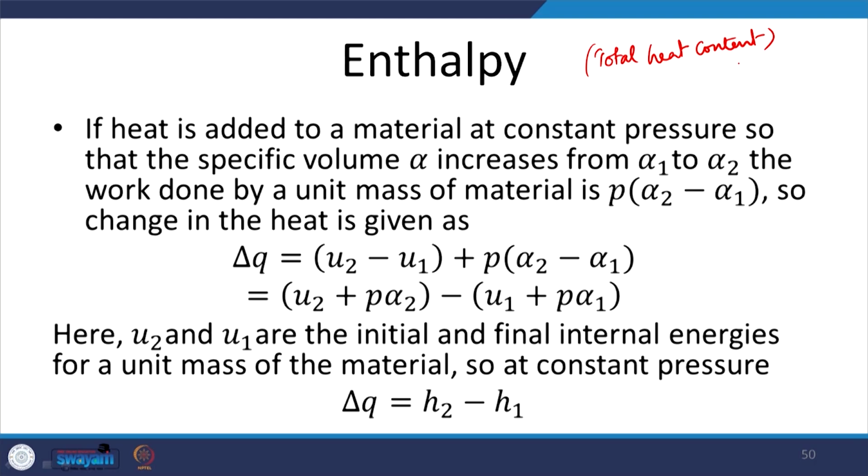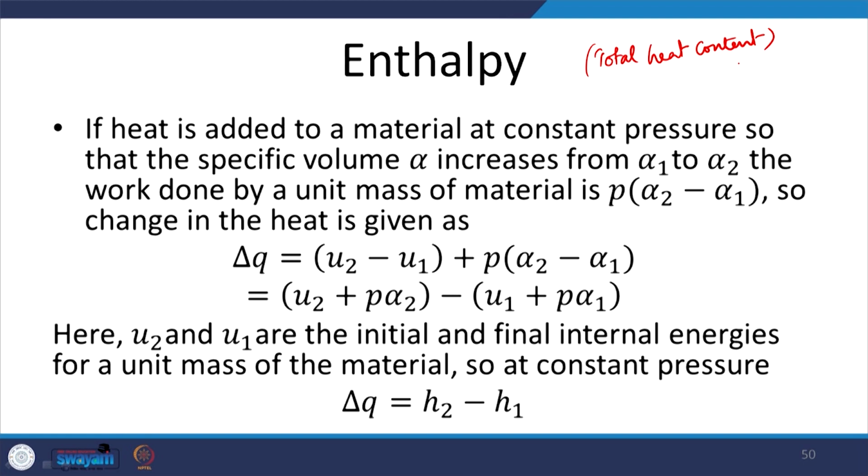Now you have added heat and the volume has changed from one value to another. From the first law of thermodynamics, we always know that any amount of heat given to the system will first increase the internal energy of the system and will also do some work, right. Since the volume change is non-zero, the work done is also non-zero.